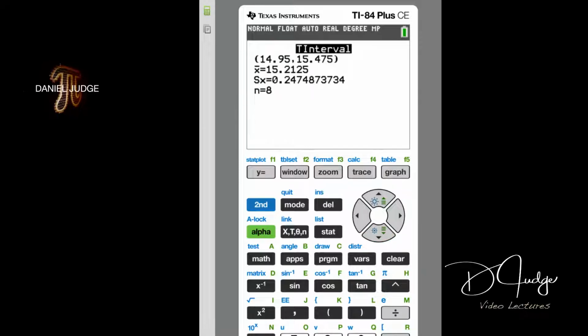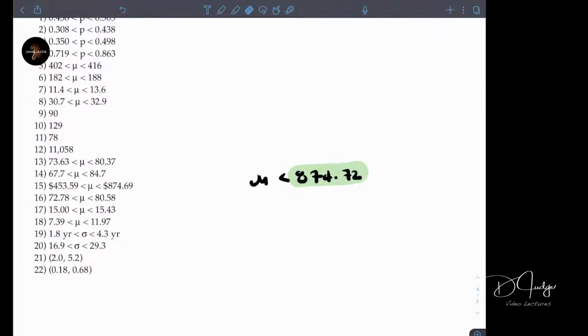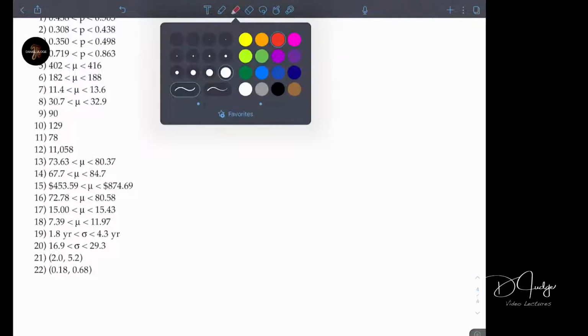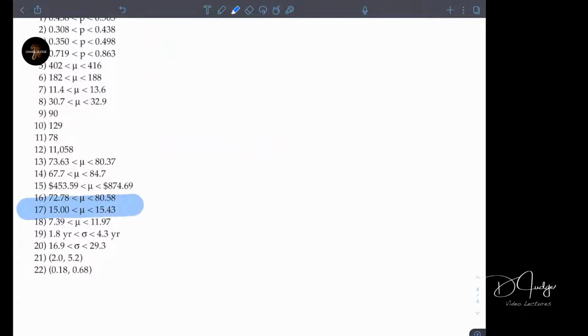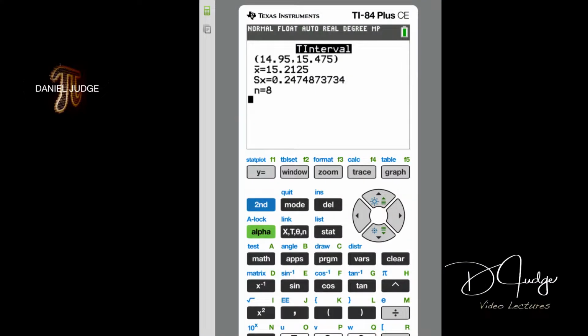And so notice the information that it gave me for number 17 here. I'm going to go all the way down to the answer step in the iPad. But this is number 17. Now notice what the answer is in 17 here. I'm going to highlight 17. Now, the TI gives me all kinds of information. The sample mean, we'll go to the hundredths, is 15.21.